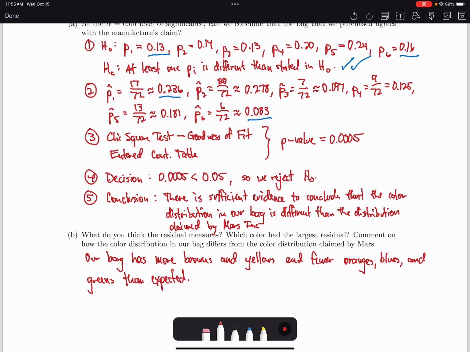Reds were approximately, reds were about right, okay? But the rest of them, yeah, there were some pretty significant differences. So anyway, that's it for part B.